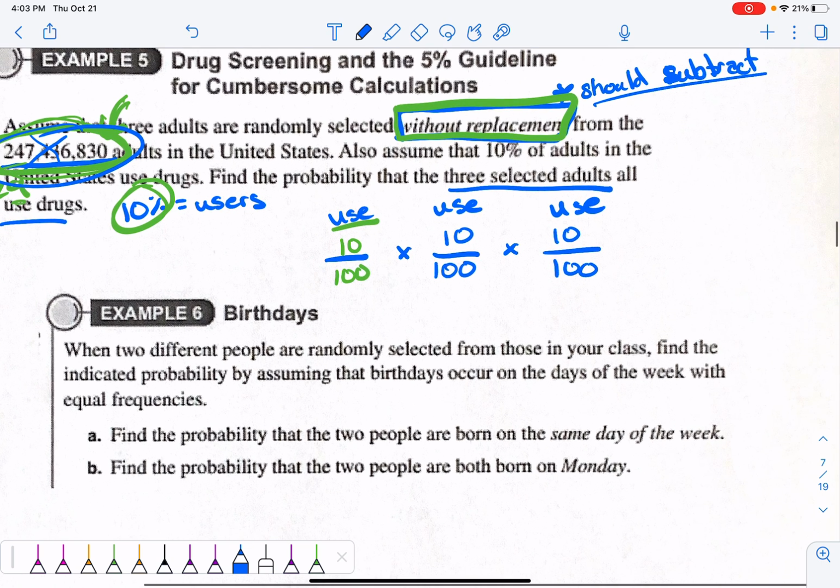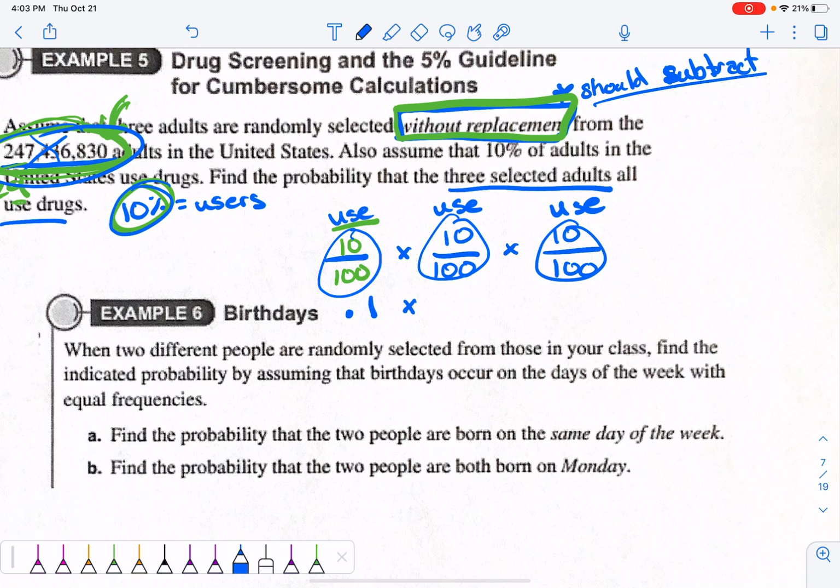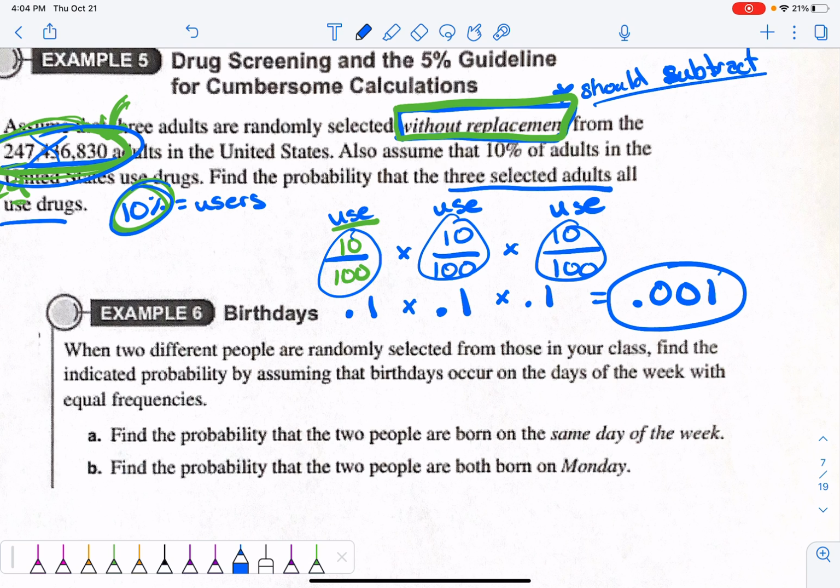Okay, now I wrote these as fractions each time, but what you can really do is leave it as 10% or make it a decimal instead. So 10% is 0.1 times 0.1 times 0.1, which is going to be 0.001. I just moved the decimal 3 places. And that's the probability of getting 3 adults all in a row that use drugs. So that's how that works.